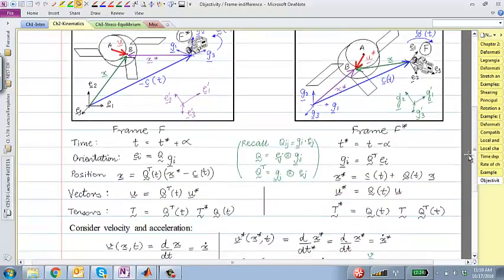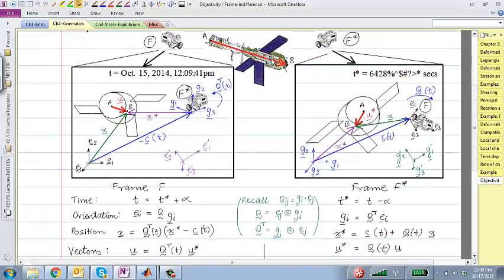But here's the more important definition of what objectivity means. If these two frames of reference record the same vector u, that vector u pointing from A to B, in this frame of reference I get a vector u star. In this frame of reference, I get a vector u.